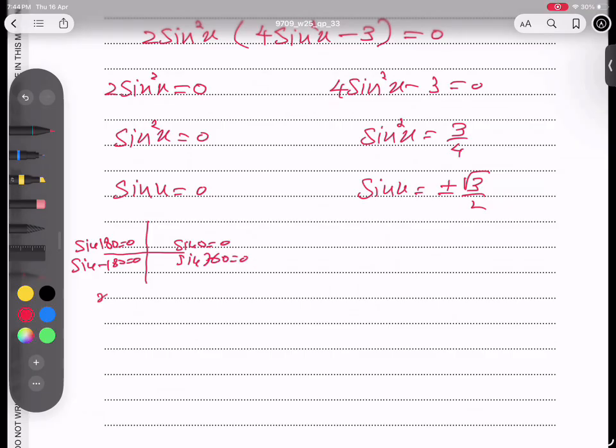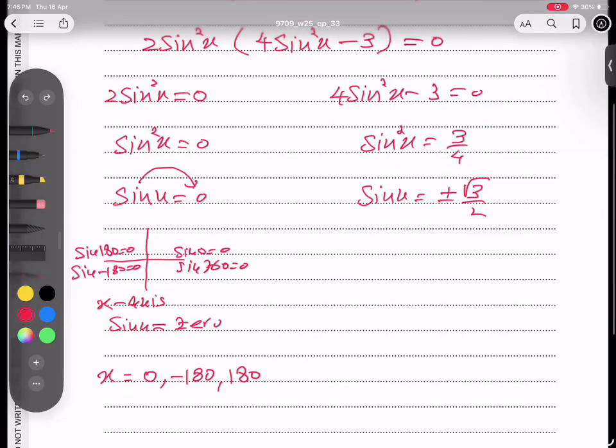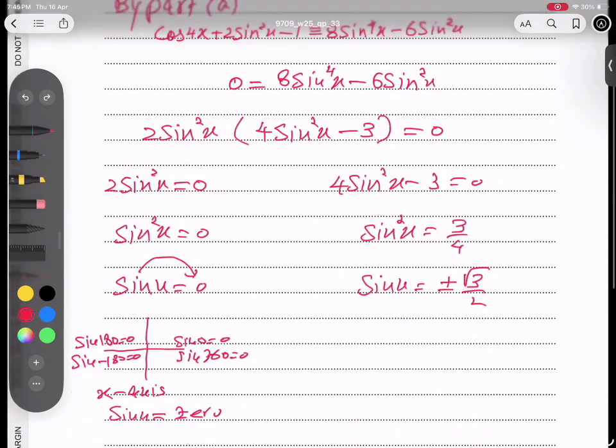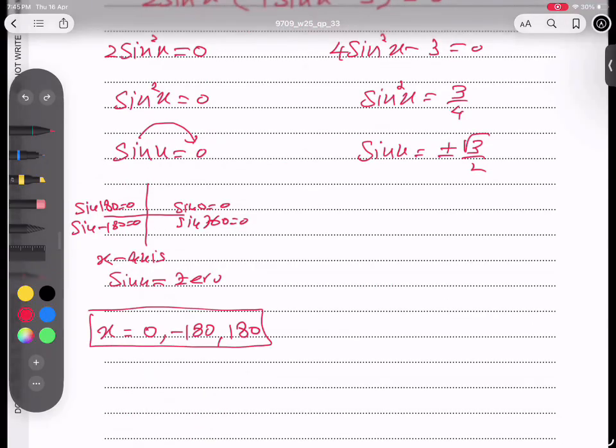Basically, along the x-axis, sine is always 0. So when I take sine inverse of this, students, I am getting here 3 answers: 0, and negative 180, and positive 180. 360 is not a part of solution because if you go back, see on top, 360 no, but 0 is there. So we got these 3 solutions, alhamdulillah, from here.